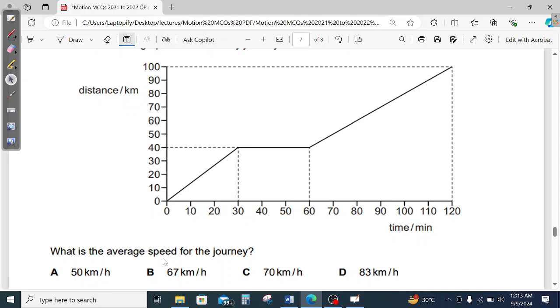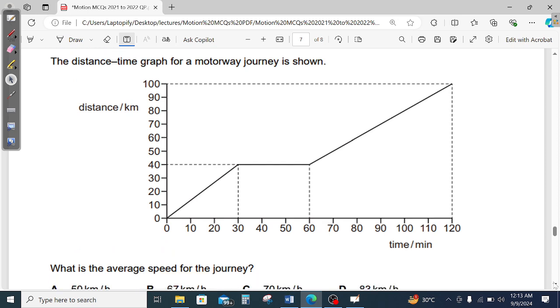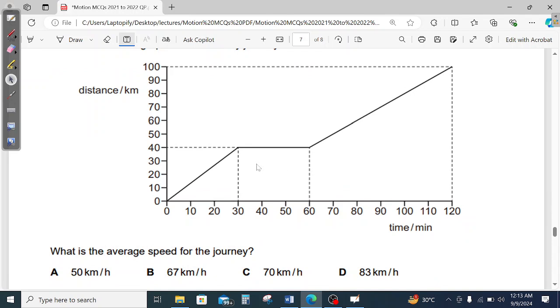So the gradient. What you have to do now is find the gradient. 100 divided by 120.